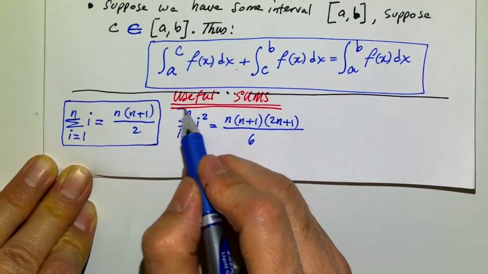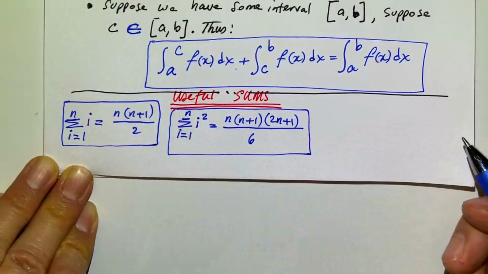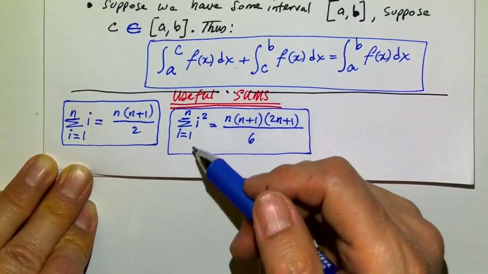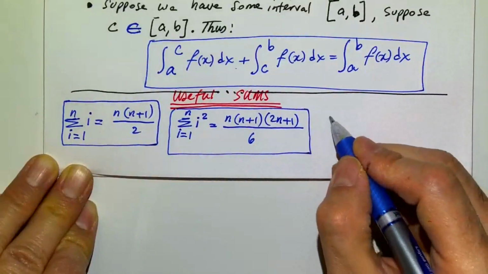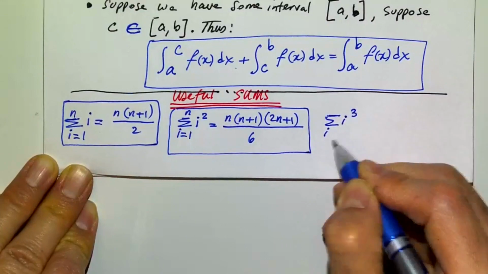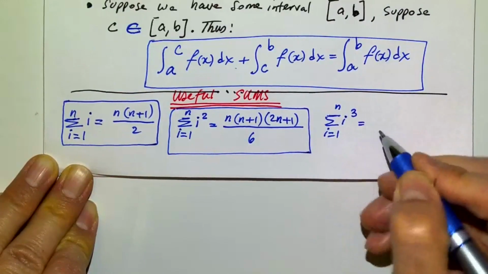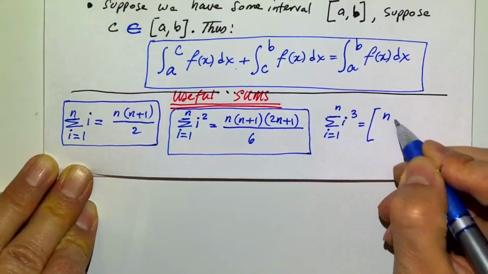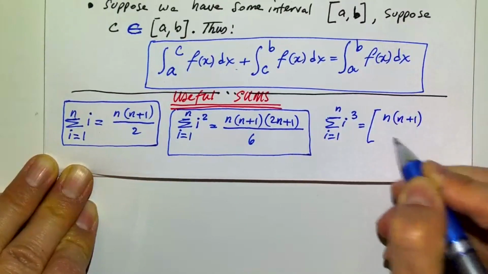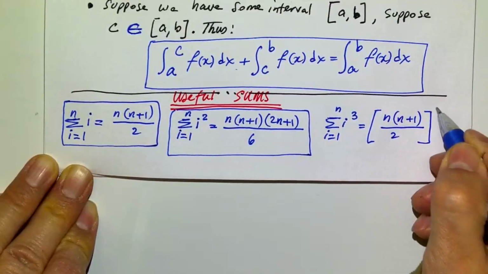And so that's another useful sum. And the next one, I'm sure you guessed it, has to do with i cubed. So the sum of i cubed as i goes from 1 to n is equal to n times n plus 1 divided by 2, all of that squared.